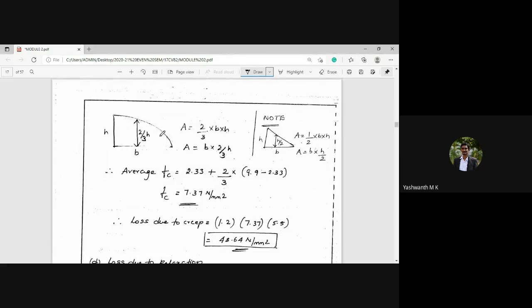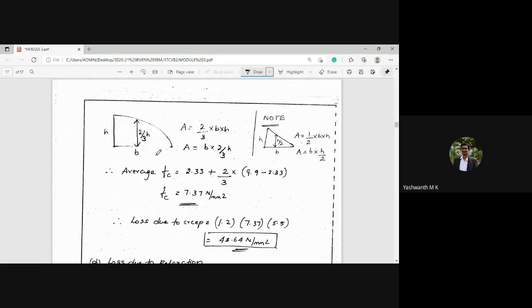We already know the formula: the area of this parabola is 2/3 of base into height, and this will be the maximum height, and at midspan, it will be 2/3 of height. So by knowing this height, let us calculate that.